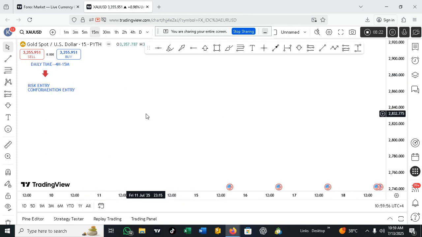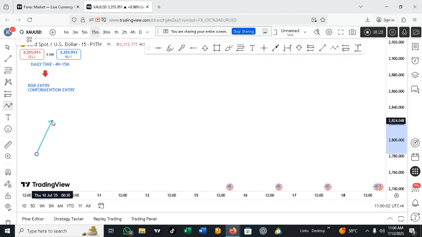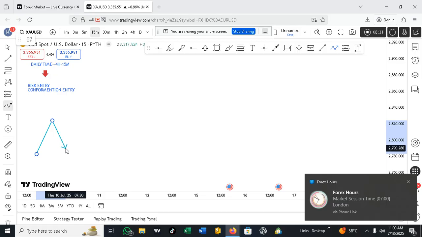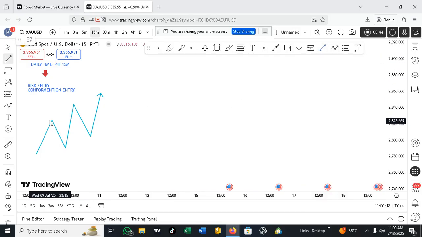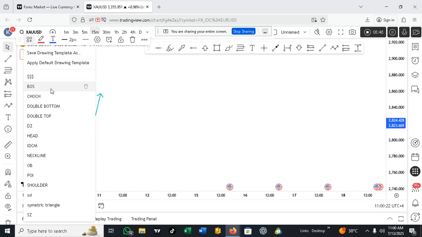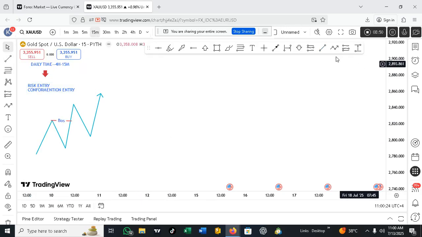Now for example, my market on the daily time frame was bullish. On the 4 hour, I mark my structures. Hope this is an example. Hope I have marked this one on the 4 hour, I have marked a break of structure, and I found another break of structure.